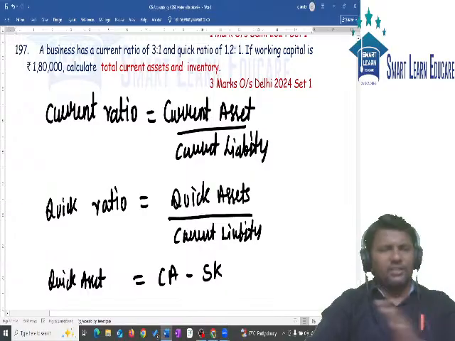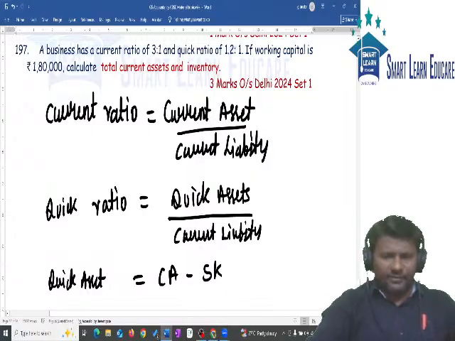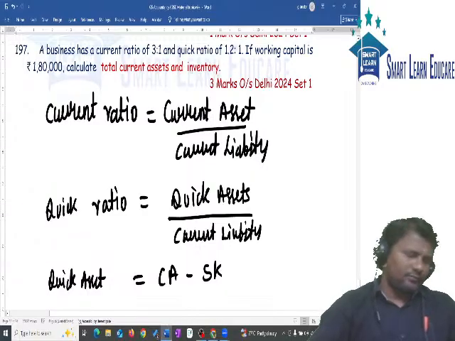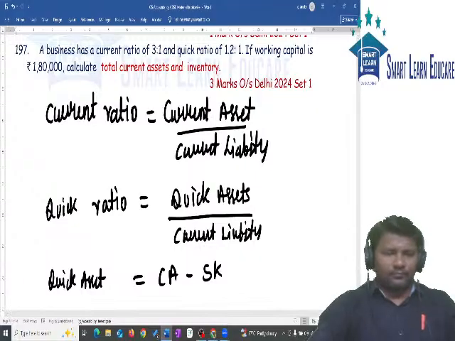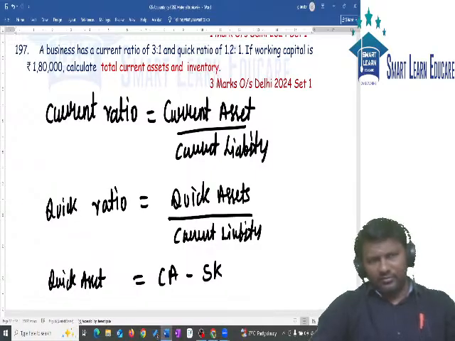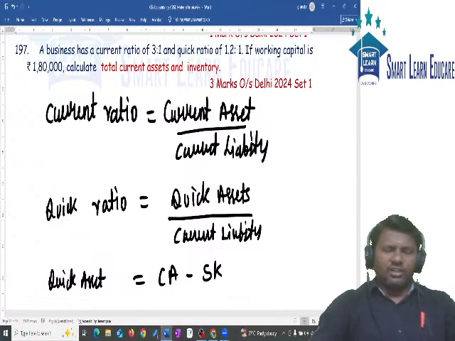Once you completely solve the question, then play the video. This is the formula to use, I told you. Once you have completed, tell me the answer for current asset. Also tell me the answer for inventory.